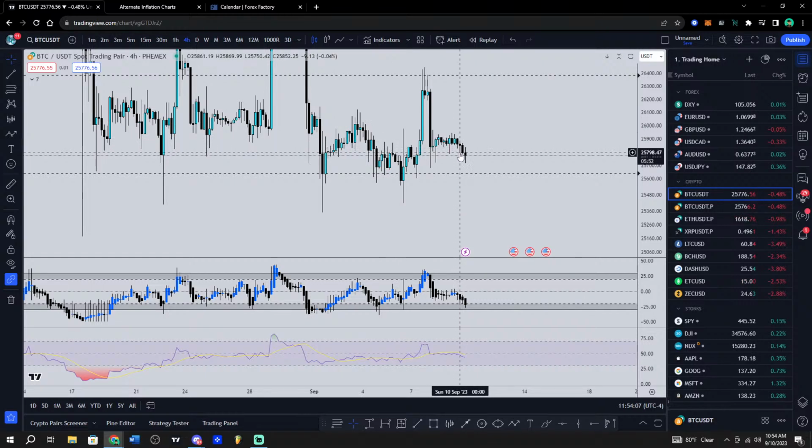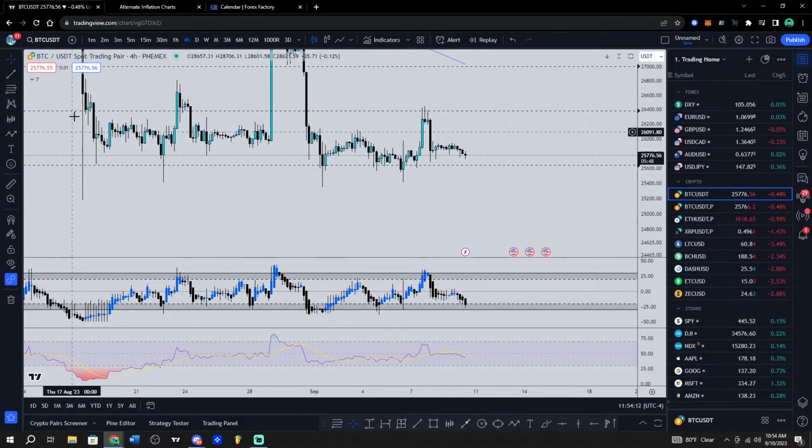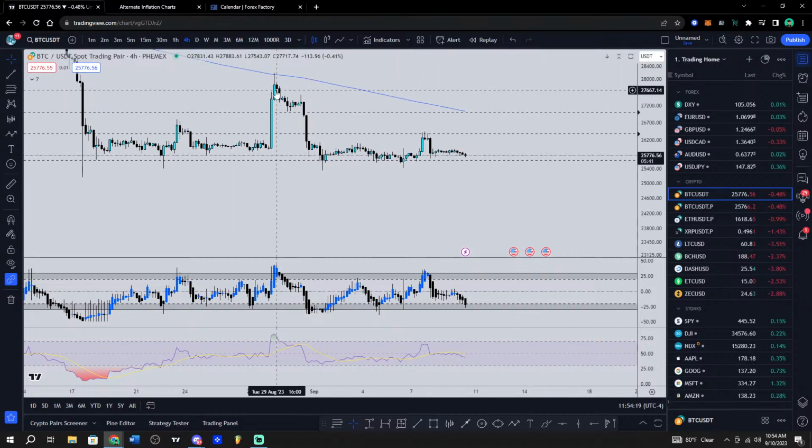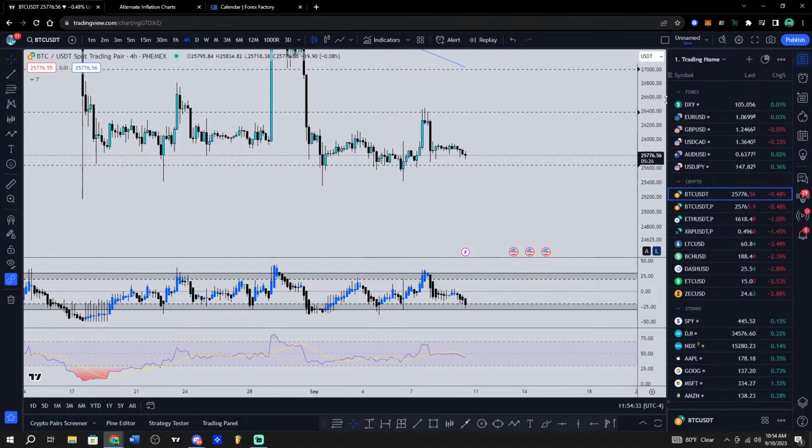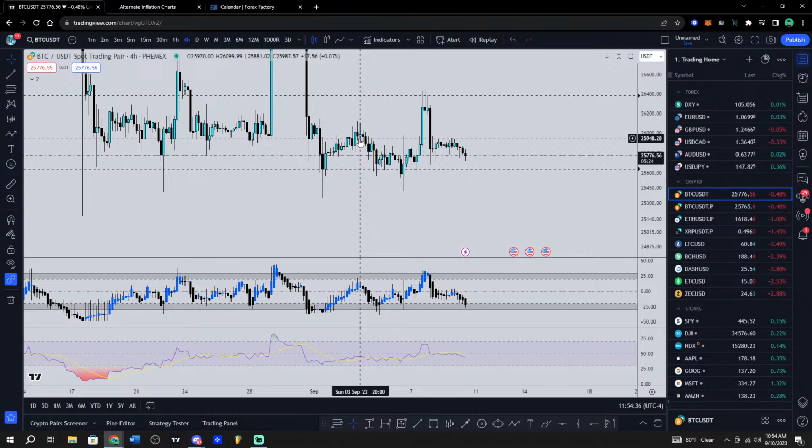But throughout this whole price action right here, we have no more than 4. There's this one right here where it's 5 bearish candles in a row. Oh, nope, there was a green in there. So yeah, no more than 4.